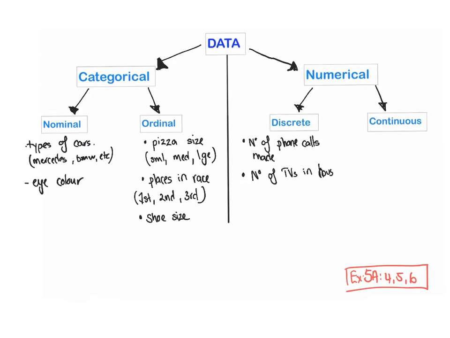Continuous would be something that you measure, like your height, your weight, or maybe time taken to do something. Just be careful with age. When they ask how old you are, we say it's discrete because you're counting how many years. So age is generally a discrete one. It can be a little bit confusing, but we would say that just in case.